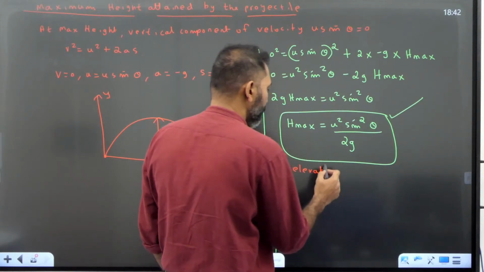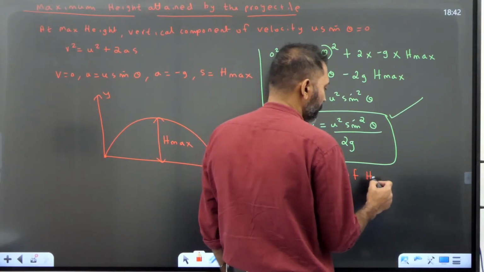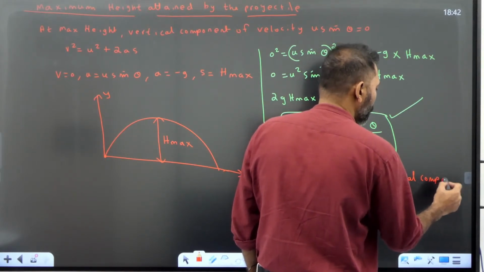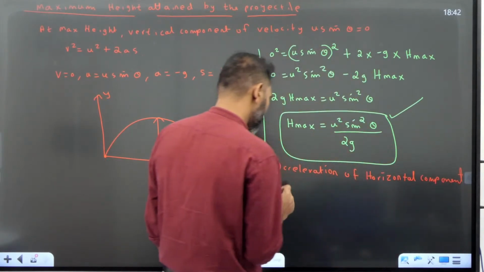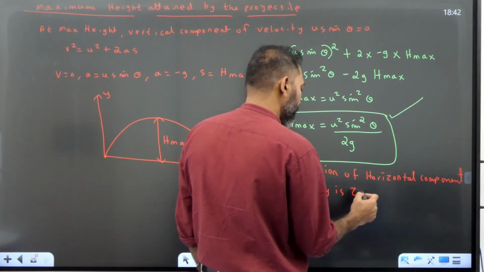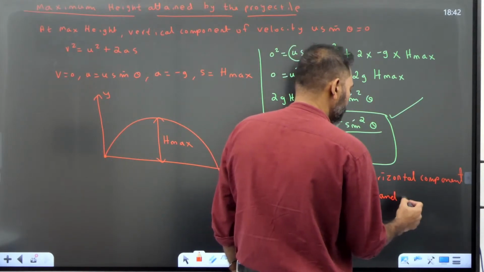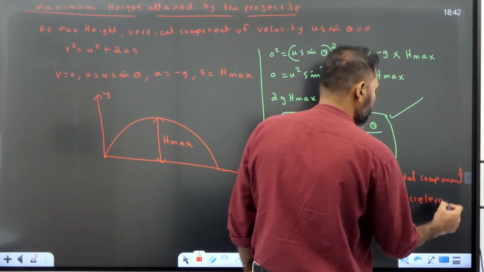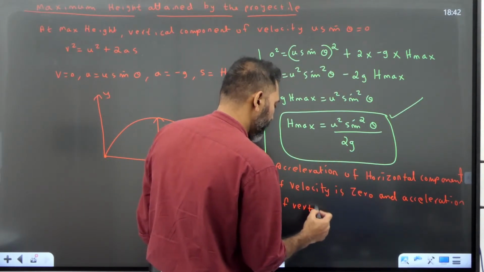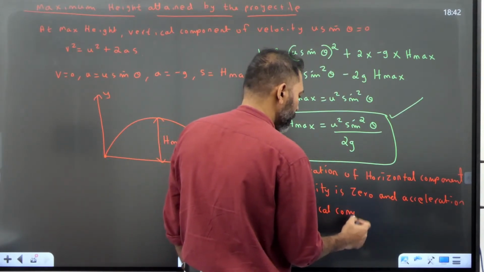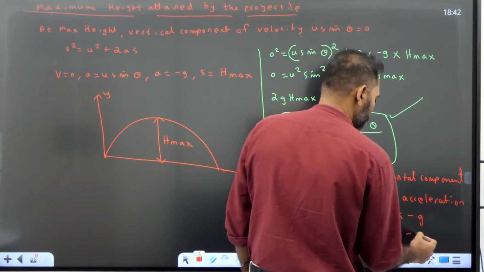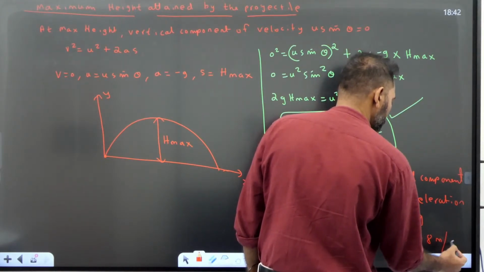Acceleration of the horizontal component of velocity is 0. And acceleration of the vertical component is minus g, that is minus 9.8 meter per second square.